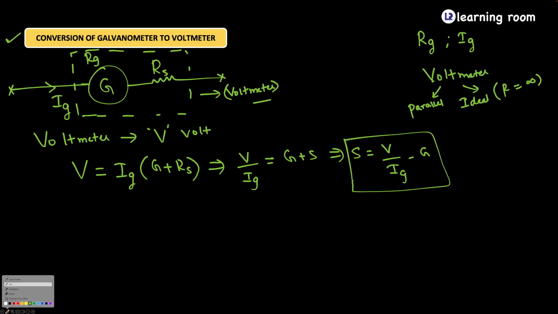One minute. I took this as RS, no? So G plus RS. So RS should be equal to V divided by Ig minus G. So if you know how many volts the voltmeter is supposed to measure, suppose it should be 10 volt, substitute 10 here, 10 divided by Ig minus G will give you the answer.